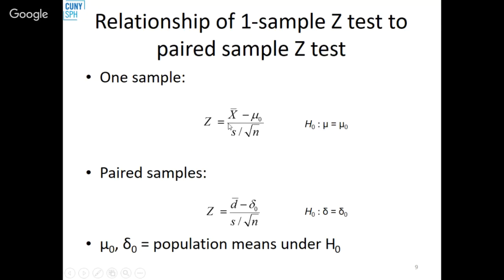Whereas we're looking at individual measurements in the single sample test, we are looking at individual differences in the corresponding paired test.